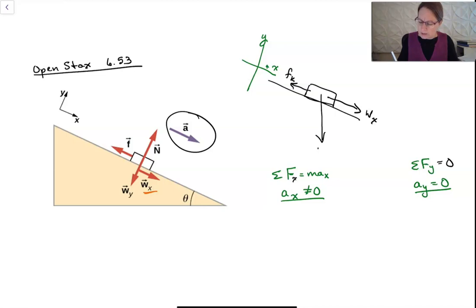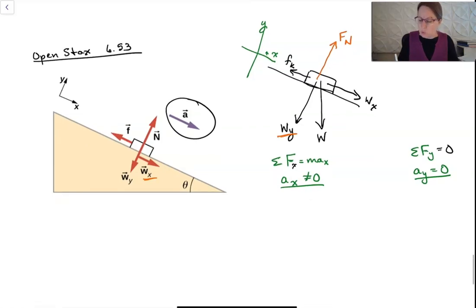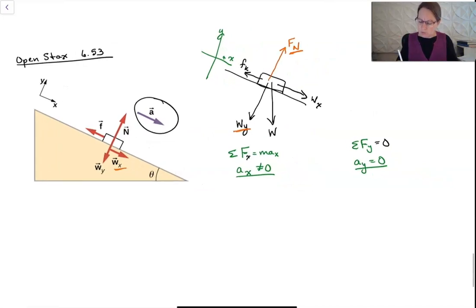We've got our weight, which is divided into x and y components already for us. This is weight y. Notice we're going to have a normal force, and that normal force must be equal to this y component because we have no acceleration. So if I tabulate my values, I have the normal force up minus the y component of the weight must equal 0.